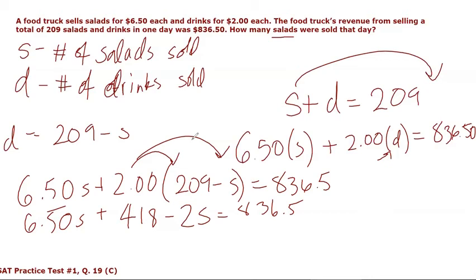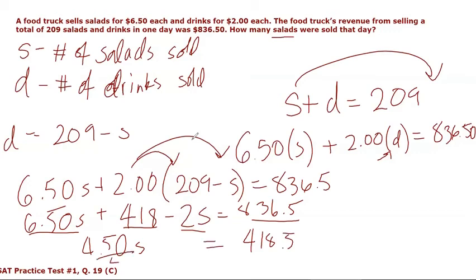And so now, if we combine these like terms, the S's together, we would get 4.50S plus 418. If we combine the 418 with the 836.5, that just means we're subtracting 418 from the 836.5, which gets us exactly 418.5, is equal to 4.5S.